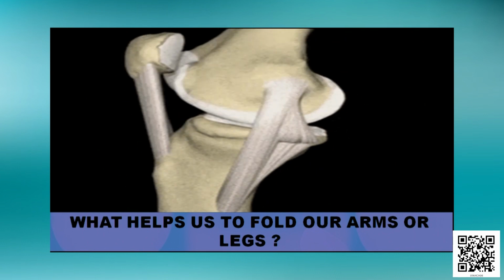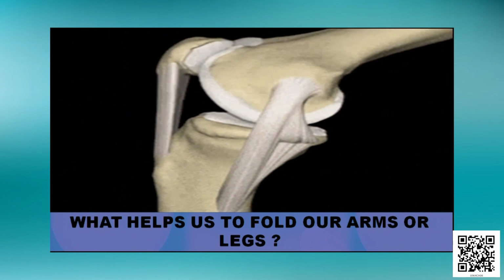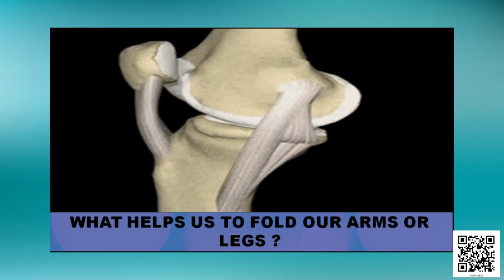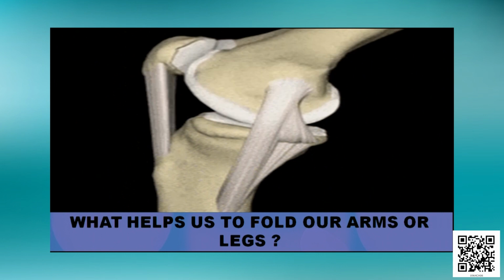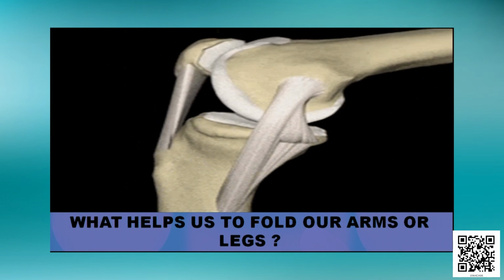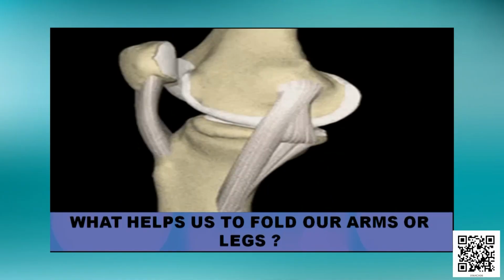Now look here, carefully observe. What happens? It's a joint, definitely. So in the joint, what happens? Easily we can fold our upper arm and lower arm at the joint in this position. Why? Which connective tissue is present there? Let us find out which helps us to fold our arms or legs.